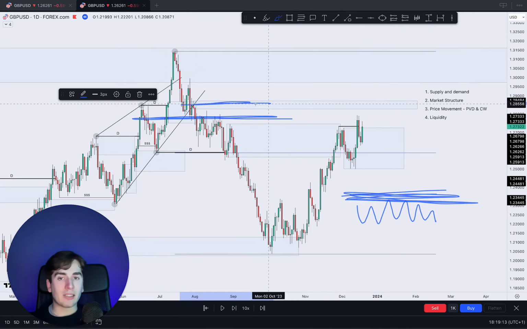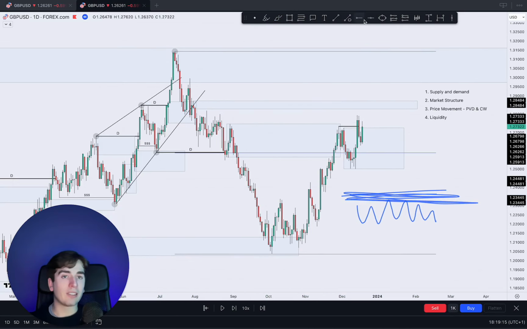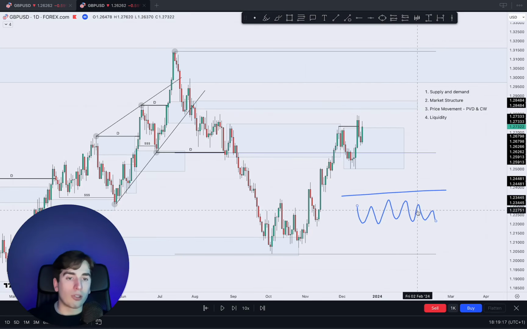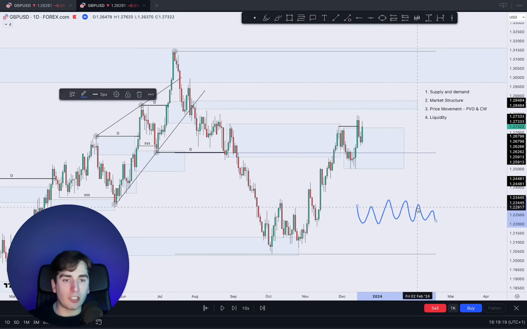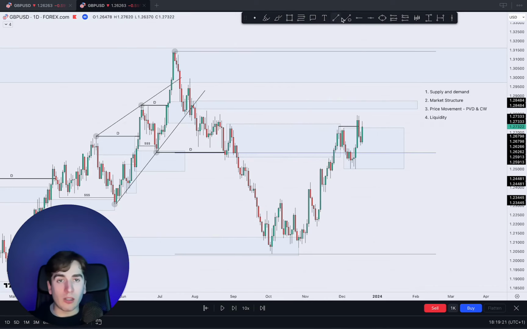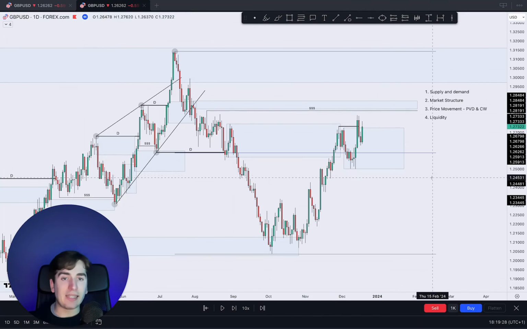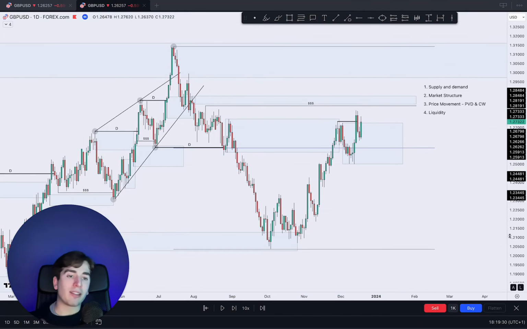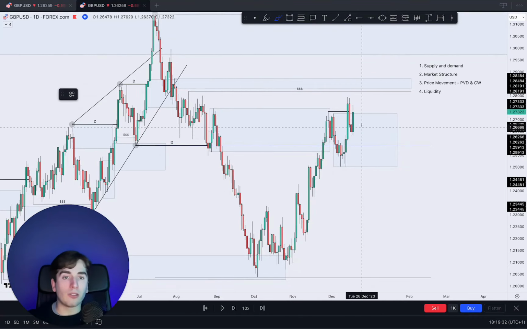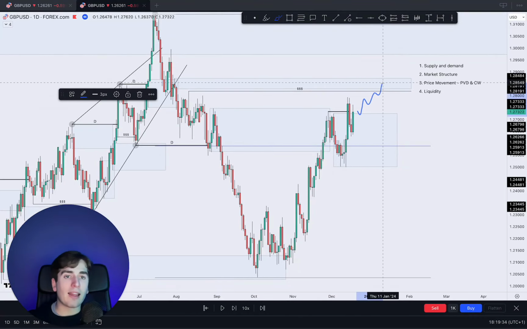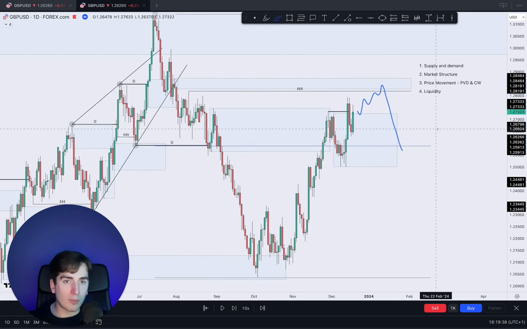So it's very likely that stop losses are placed above the highs of that area of consolidation. Now in this particular situation, we have an obvious liquidity high, which is located over here. So this is seen as daily liquidity. Therefore, when I now look at this market, I expect the market to push up slightly higher and then potentially reverse from that liquidity high and from that area of supply.